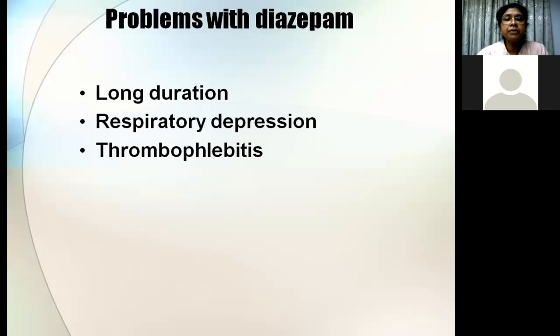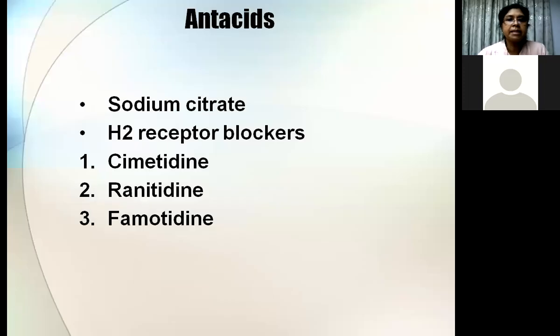Long duration of use can lead to addiction, and they can go into respiratory depression if you give too much. And some of the benzodiazepines like diazepam, when you give it IV, can end up with thrombophlebitis. If you see the diazepam, it is like oil. So when you give it into the vein, it can give rise to thrombophlebitis.